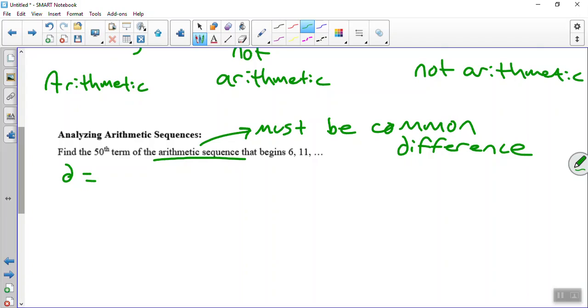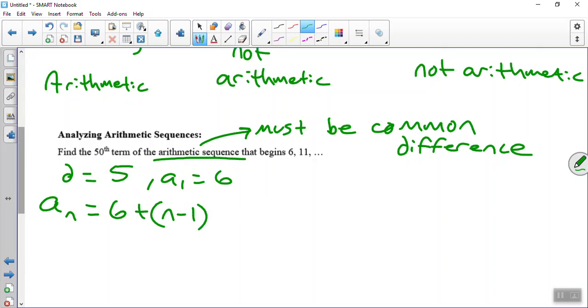The difference between the first term and the second term is 5. It's going up, it's positive 5. Then I just write my rule: a sub n equals the first term, 6, plus n minus 1 times my difference, 5.